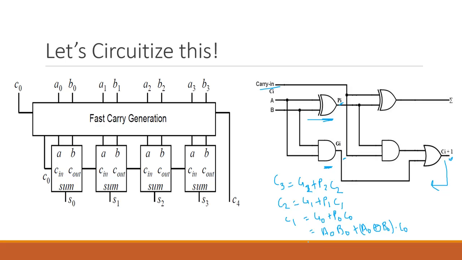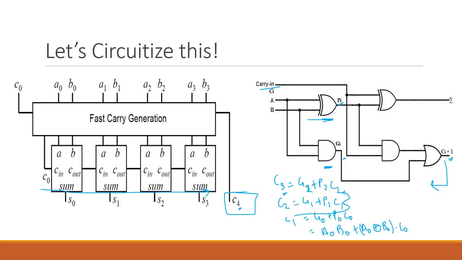If you replace this over here and this one over here, we have directly found the value of C4. This is how we can find the value without having to wait for all these values to get propagated till the last. This is how we optimize the circuits. This is just one way of improving the speed of finding the C4.